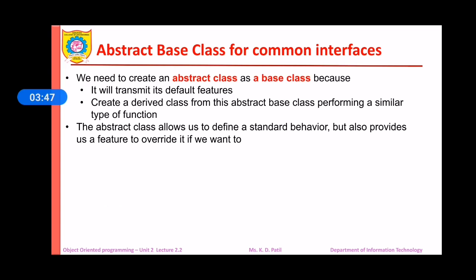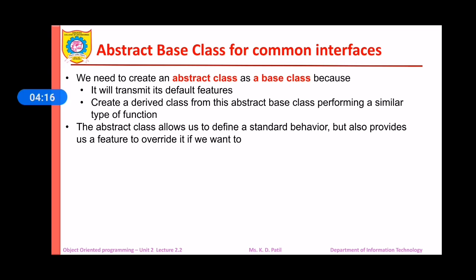We need to create an abstract class as a base class because it will transmit its default features to the derived classes, which perform a similar type of function. The abstract class allows us to define a standard behavior but also provides us a feature to override it if we want to do it.